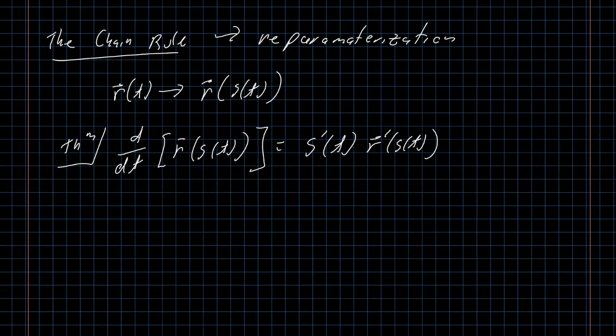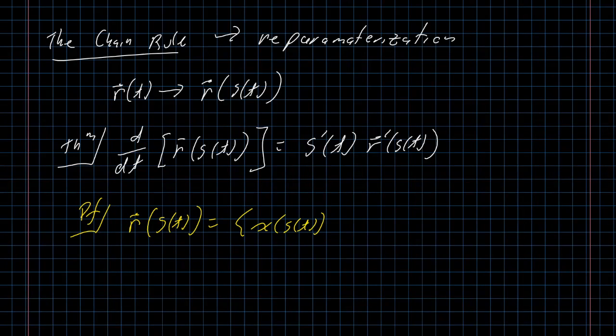All right, but this is a theorem, so it should have a proof. I'm going to prove this by just saying that, well, we have a chain rule for real valued functions. So r of s of t equals, component-wise, x of s of t, y of s of t, and z of s of t.